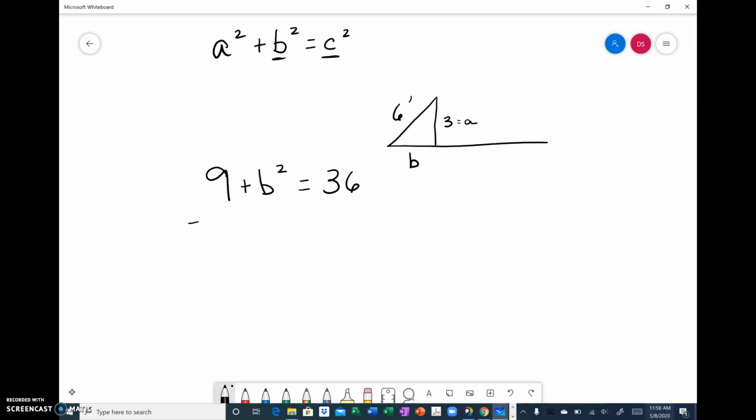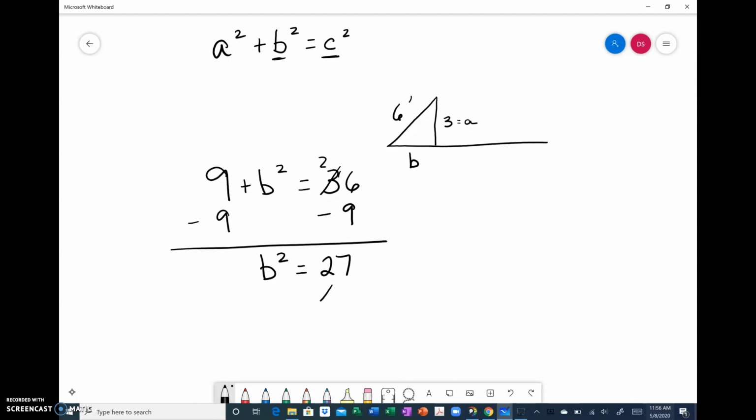All right, and I'm going to here subtract the constant from both sides. That gives me B squared equals 27, okay? Not a perfect square. The perfect square lower than 27 is 25, so it's going to be a 5 or a 6, okay? Closer to 27 is 25.